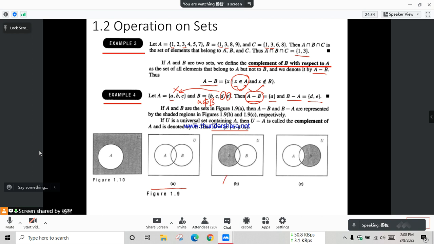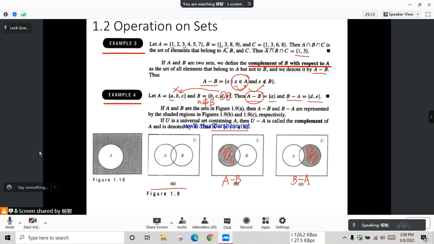Okay, this is A minus B, which also means the complement of B with respect to A. This part is all the elements that belong to A but do not belong to B. Okay, this represents B minus A. And the shaded part is all the elements that belong to B but do not belong to A.